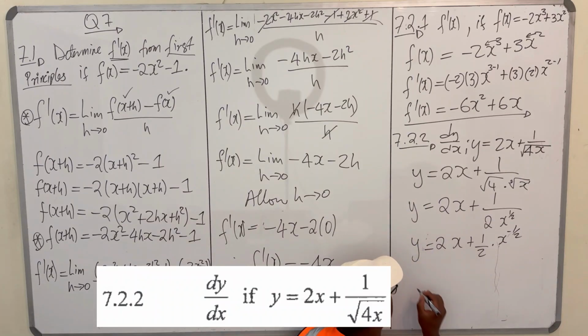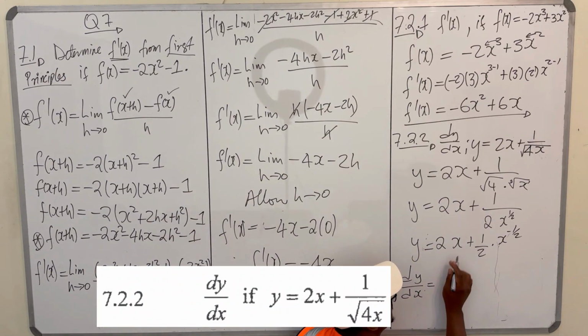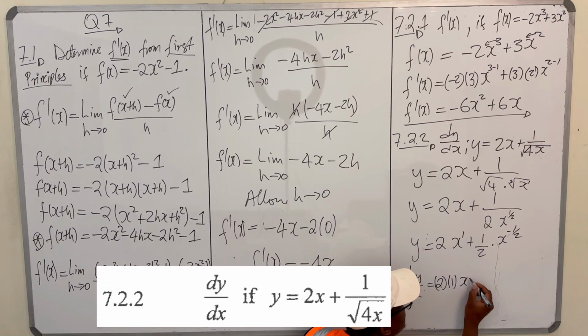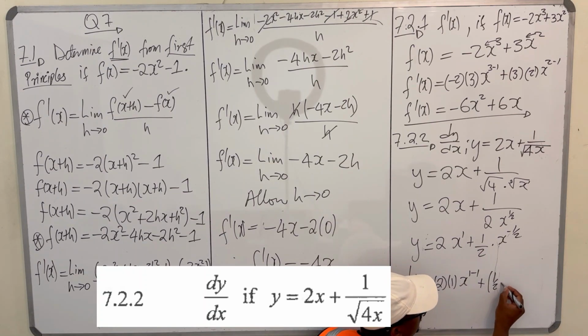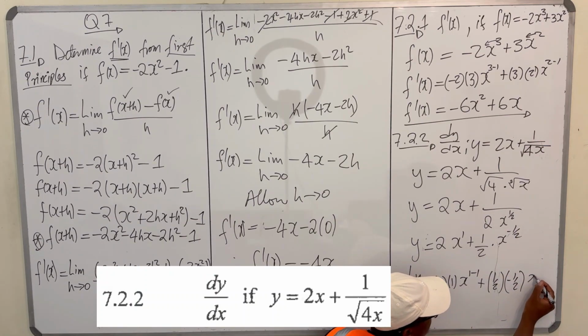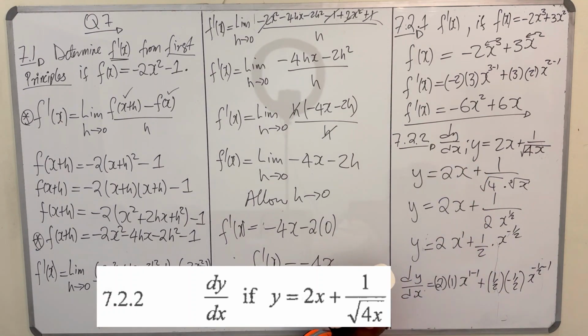So the derivative of y with respect to x is equal to 2 times the exponent, which is 1, then you have x raised to 1 minus 1, plus 1 over 2 times negative half, then x raised to negative half minus 1, the way you did up there.